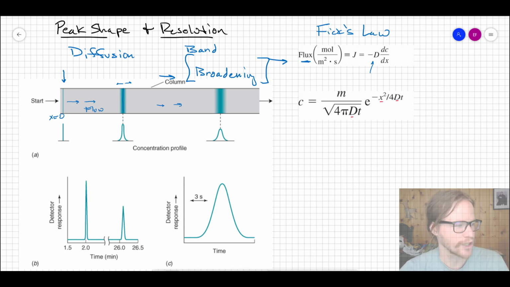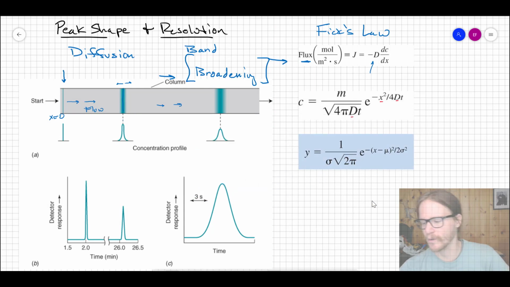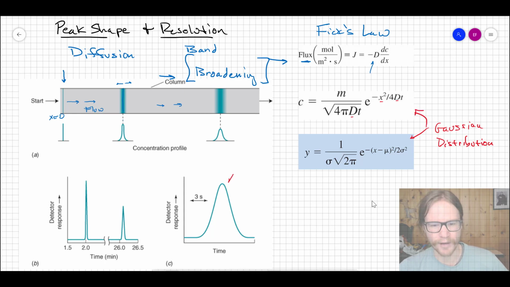This may not strike you as interesting at first, but if you look at this, it bears enormous resemblance to an equation that you saw in chapter 4, which was in statistics. And this is the equation that we call the normal distribution, or the Gaussian distribution. So this is the generic representation of the normal distribution that we talked so much about in chapter 4. They're identical, and that's what gives rise to the shape of a curve if we're only considering diffusion here.